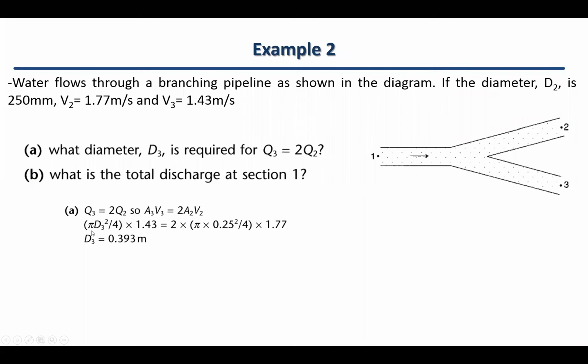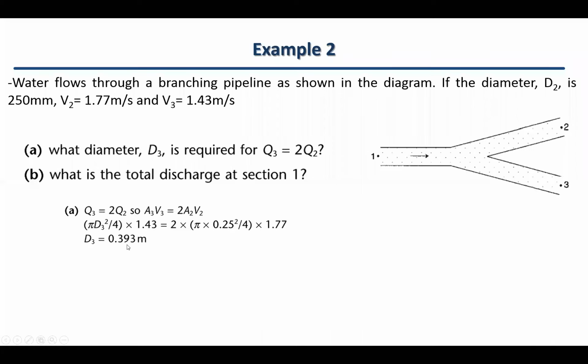A3 is pi D3 squared over 4 times the velocity V3, which is 1.43, equal to 2 times pi times 0.25 squared over 4 times the velocity 1.77 meters per second.